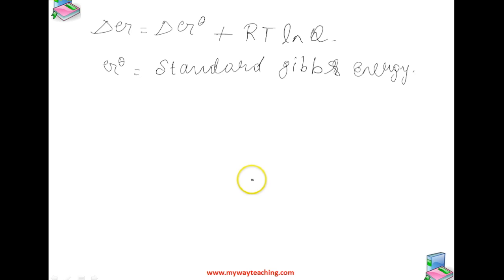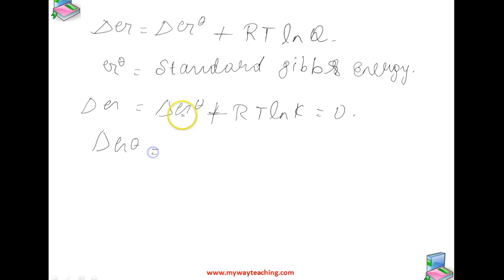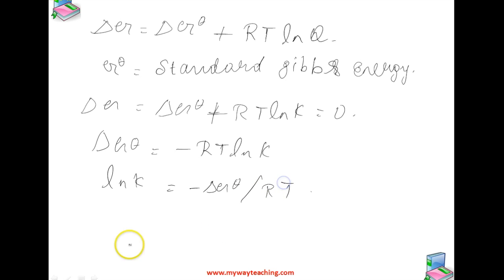Okay, and now at equilibrium delta G is equal to standard Gibbs energy plus RT ln K is equal to 0, and this gives standard Gibbs energy equal to minus RT ln K. ln K is equal to minus standard Gibbs energy divided by RT.